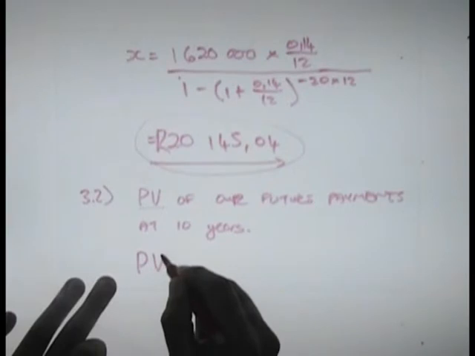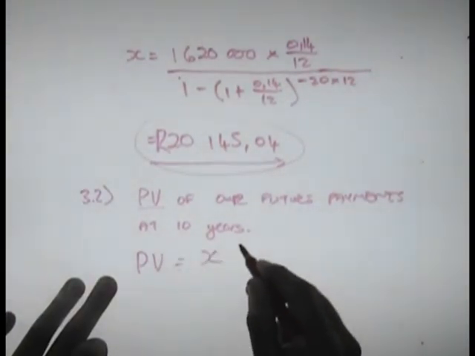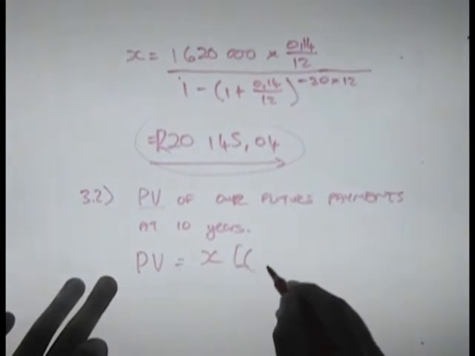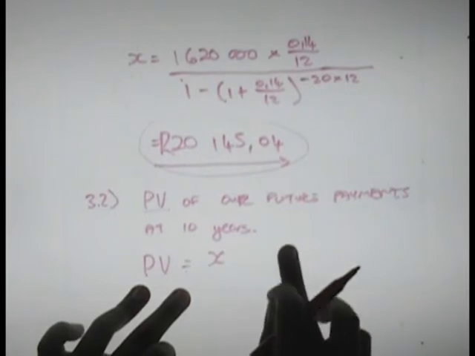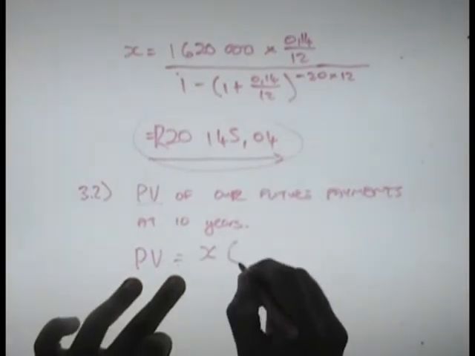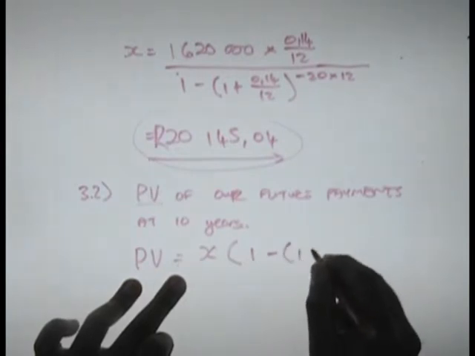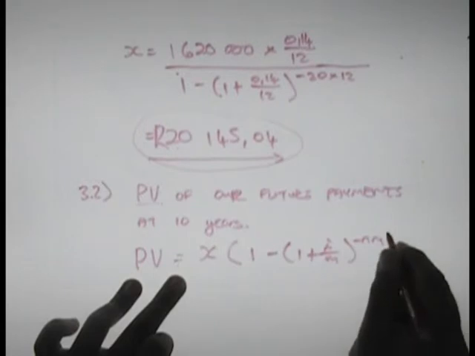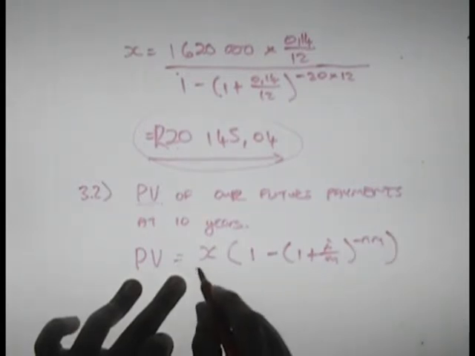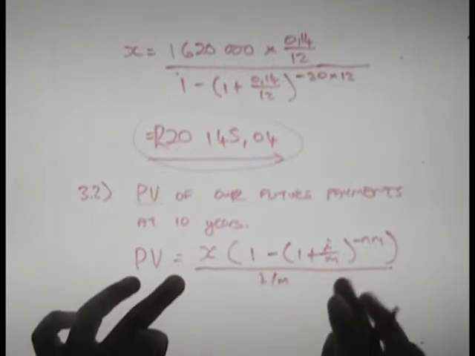Firstly, we are going to use the formula PV is equal to x multiplied by 1 minus (1 + i/m) to the power negative nm, divided by i over m.